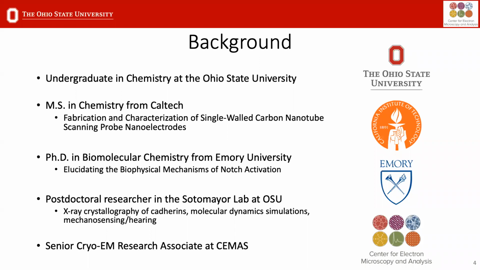Then I moved to Atlanta, Georgia, where I got my PhD in biomolecular chemistry at Emory University, studying the Notch activation pathway. Finally, I came back to OSU and started my postdoc in the Sotomayor lab, where I learned X-ray crystallography and ran molecular dynamics simulations, all as part of a project related to human hearing and mechanosensation. And finally, I ended up here as a structural biology expert at CEMAS.